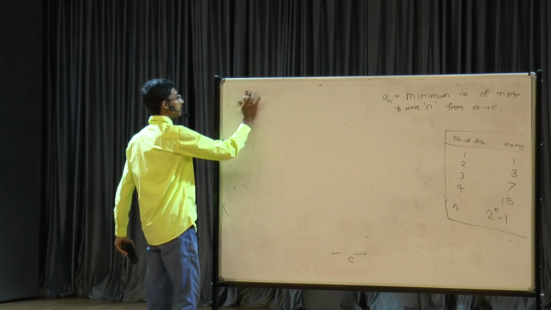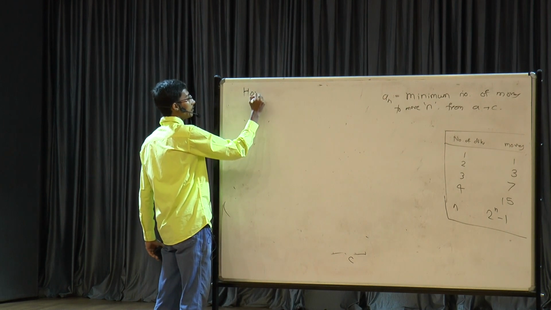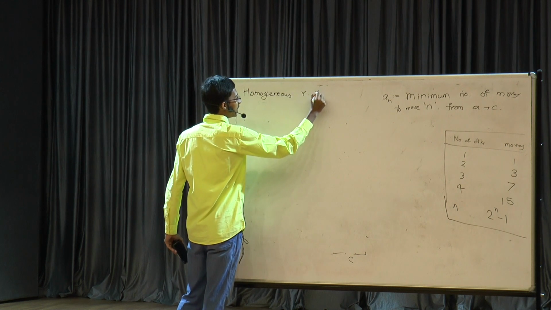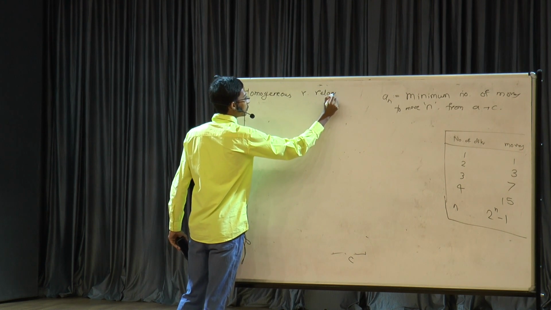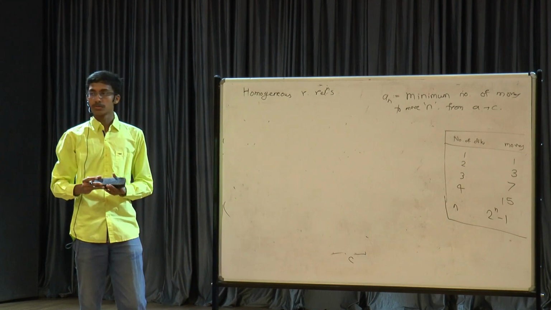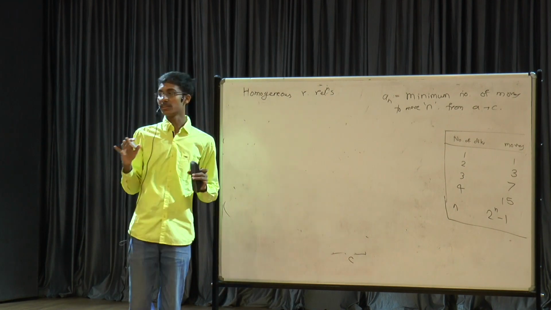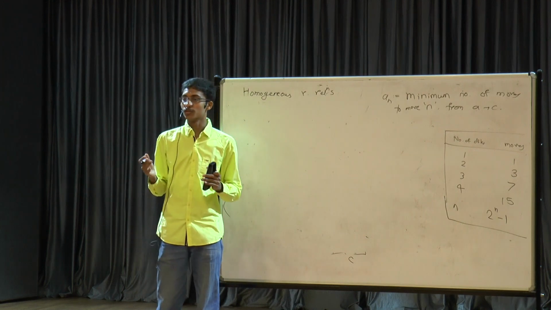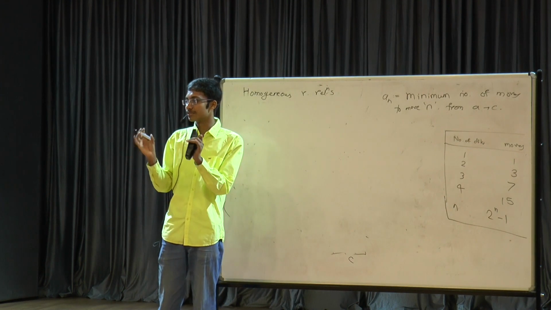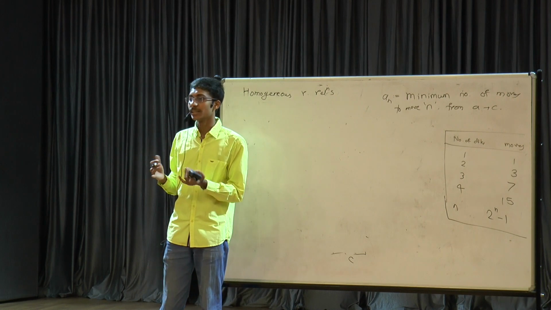So now for that we need what's called homogeneous recurrence relations. So you guys have heard of homogeneous mixtures, right? What are homogeneous mixtures? It's the same thing everywhere. It's uniform sort of, right?